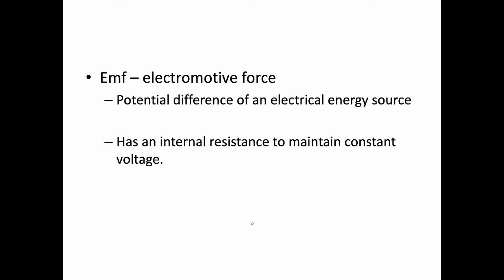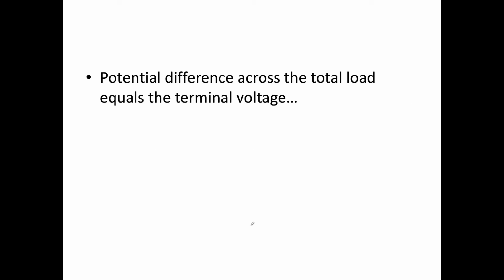For example, when we talk about AC voltages, the potential difference in an alternating current source, we actually look at EMF, because the current's going back and forth, alternating between positive and negative, and we're looking at the average electromotive force, not so much a potential difference. I hope that makes sense.